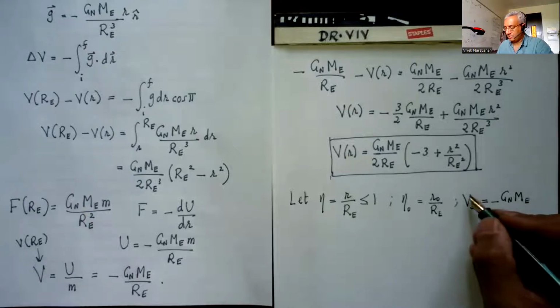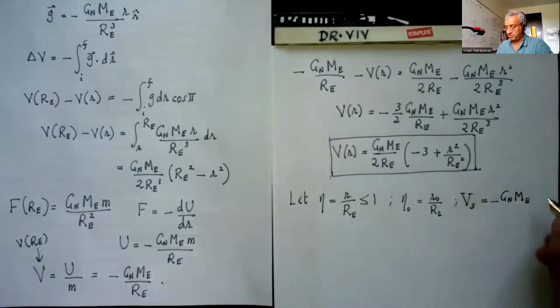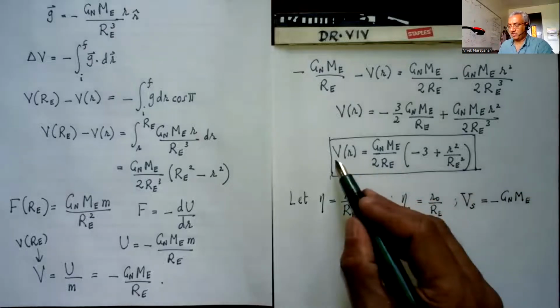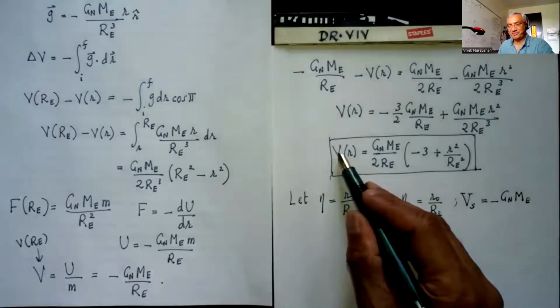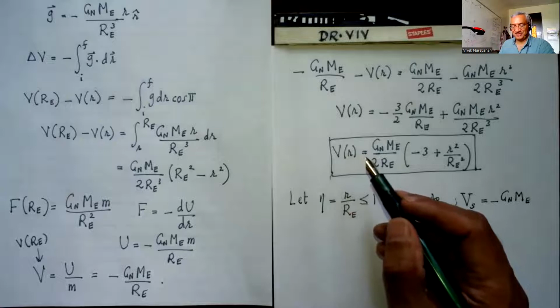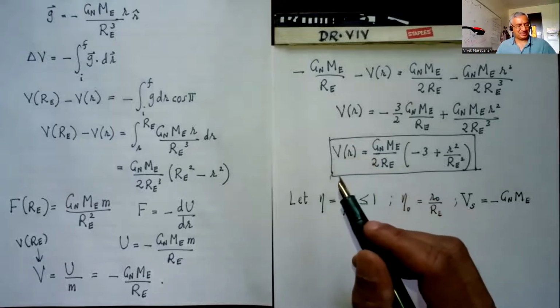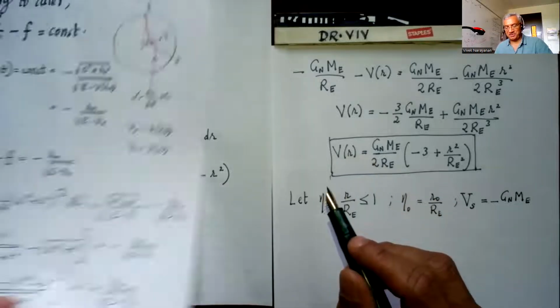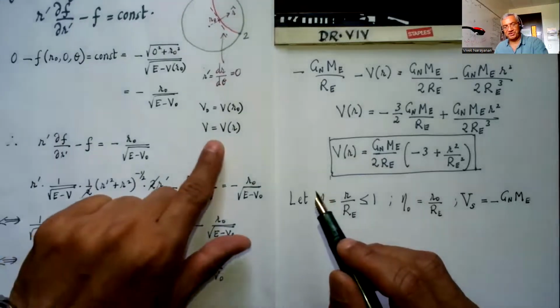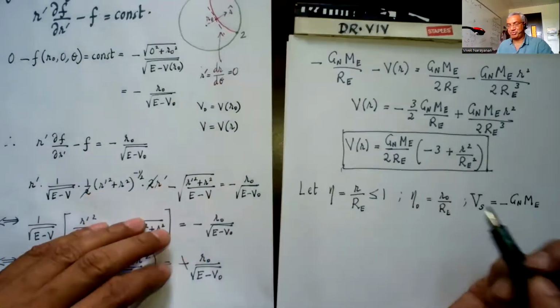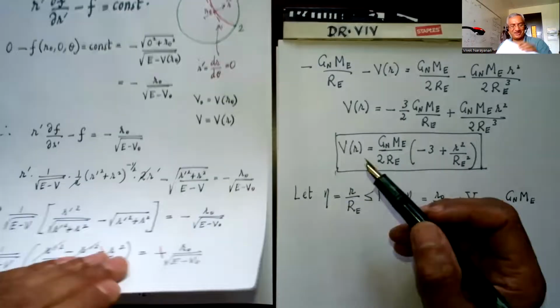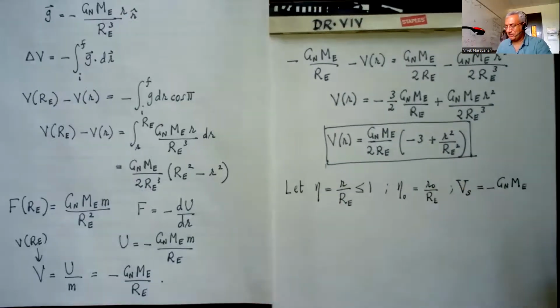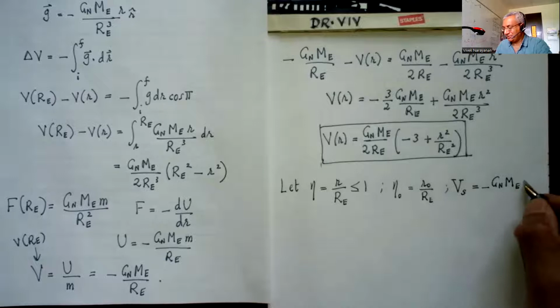So maybe I'll put this term here. These V's are a little bit different than the V's we wrote here. Here the V's are potential energies. Here the V's are potentials. I hope that doesn't confuse you too much. So this is the surface potential energy.